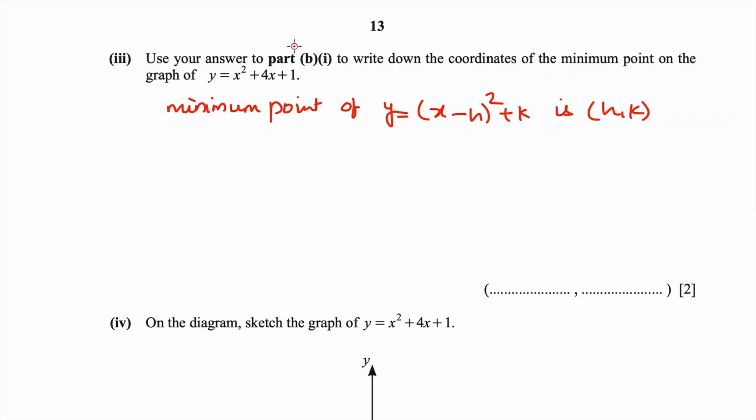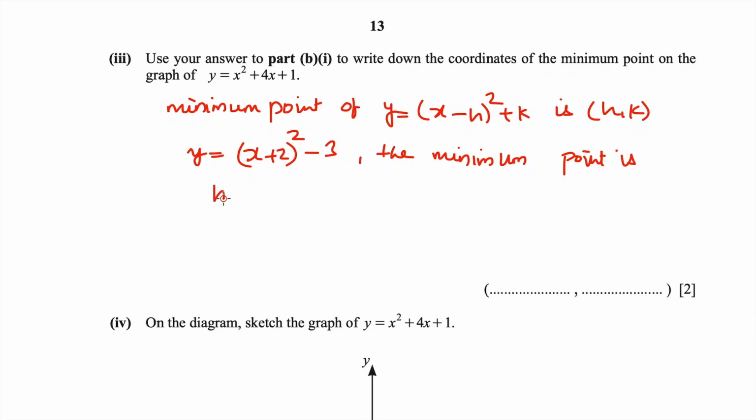And so here we are taking the answer to part B1, x plus 2 whole square minus 3. The minimum point would be h equal to minus 2 and k equal to minus 3. So the minimum point is minus 2, minus 3.